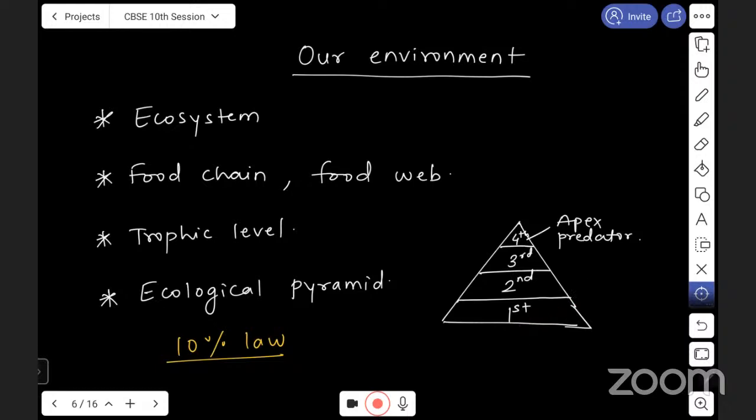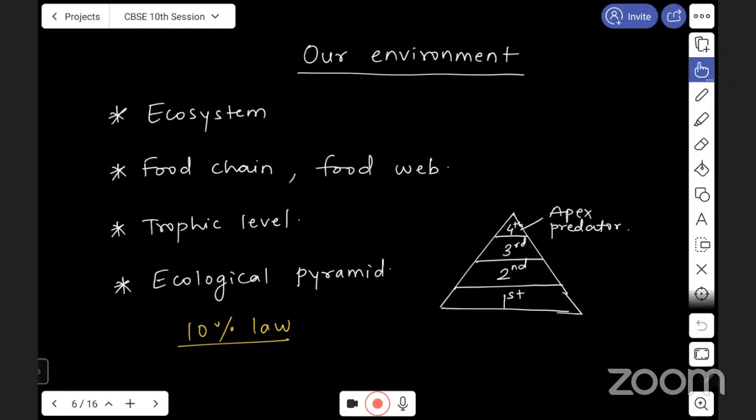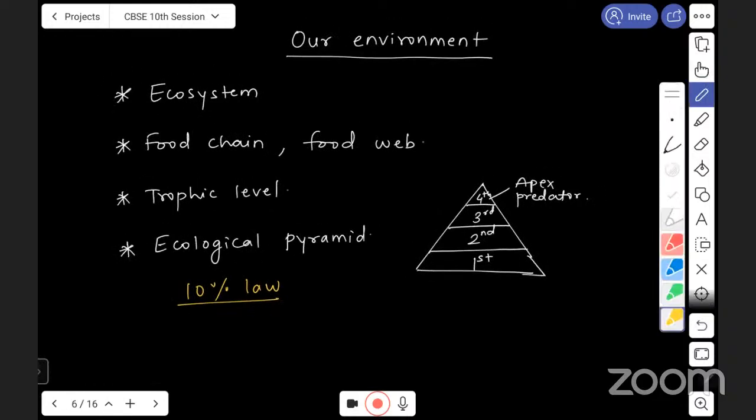Next important point जो यहाँ पे आपने पढ़ा है, that is decomposers, right? Decomposers. Okay, so this will include mainly bacteria and fungi. So when the plants and animals die, when living organisms die, these dead organisms are degraded, they are broken down, and simpler molecules, minerals are released back to the soil, right?